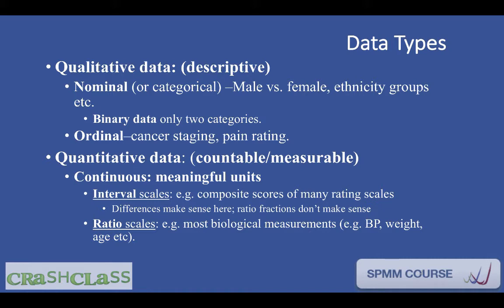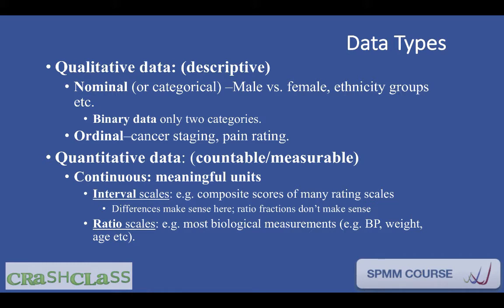A good example of binary nominal data is gender, male and female. There are two genders. So you can describe them, you can give a name to them. You cannot really say one is bigger or larger or greater than the other. Could you say male is better than female or female is better than male? You better not. So you cannot say things like that. And that's the nature of nominal data.